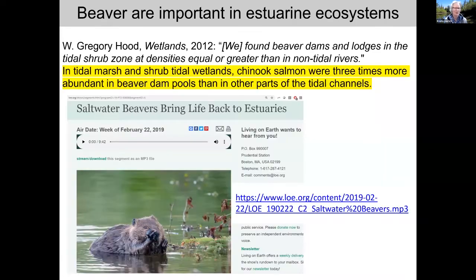And beaver are recently recognized up in the Skagit in Puget Sound as contributing greatly to fish habitat. Greg Hood has done some very amazing work showing that Chinook salmon were 3 times more abundant in beaver dam pools in these tidal marsh and shrub wetlands than they were in other parts of the tidal channels. So the beaver are really supporting fish here.